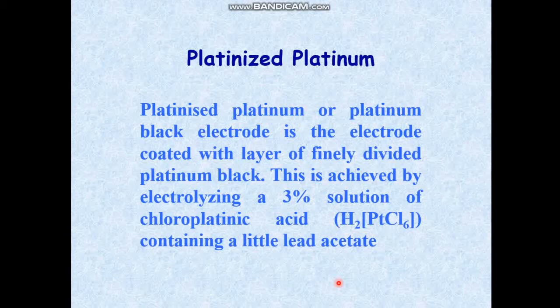That chloroplatinic acid solution should contain a very little amount of lead acetate also, and its concentration is 3%. With the help of that solution, the platinum plate or rod can be coated with finely divided platinum, and thus we get a platinized platinum which absorbs hydrogen gas very nicely.